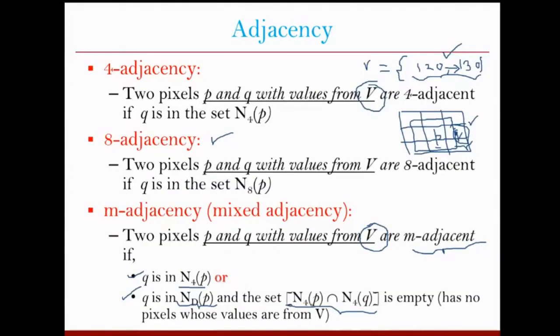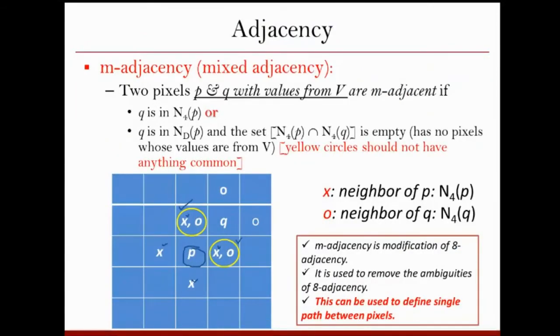So when you are defining M adjacency with respect to the second definition, N4(P) and N4(Q) should not have anything in common. That means this intersection should be empty. That is why in this example we cannot say that P and Q are M adjacent.